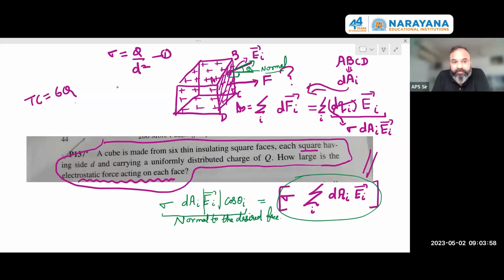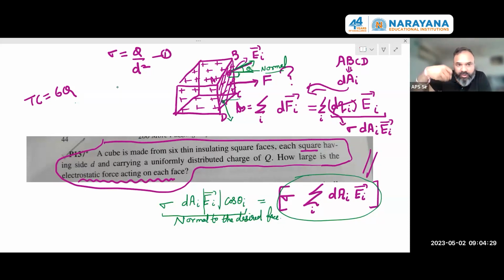Why did I say that? Now think of the symmetry of the problem. For every point which you are observing on this face, there is a mirror symmetric point lying somewhere else where the field will be the same and at a similar opposite angle with respect to the normal. So when you take the resultant of these two vectors, the normal components will get added and the tangential components will cancel out.